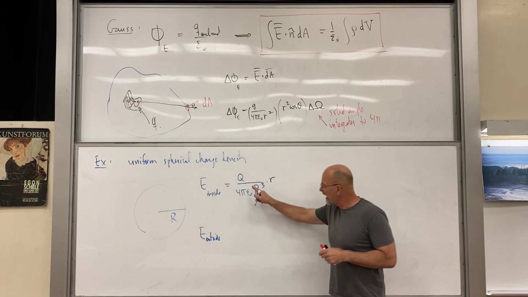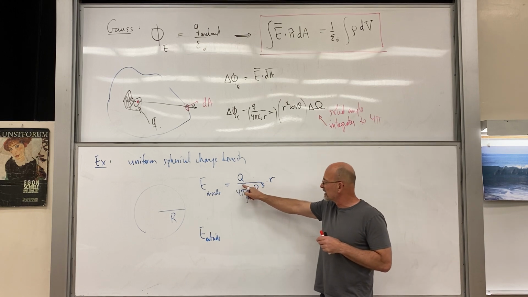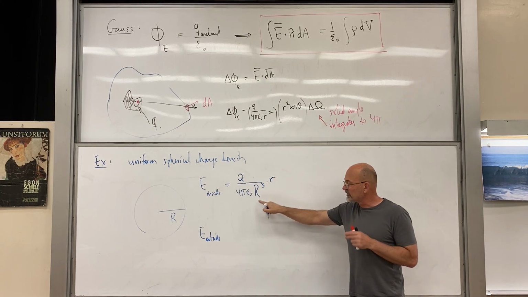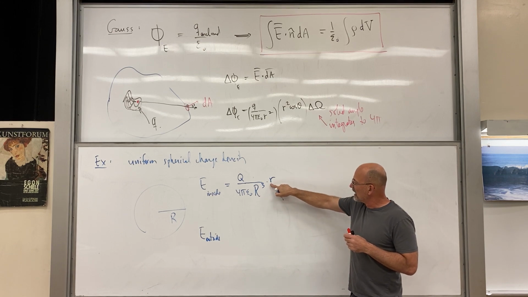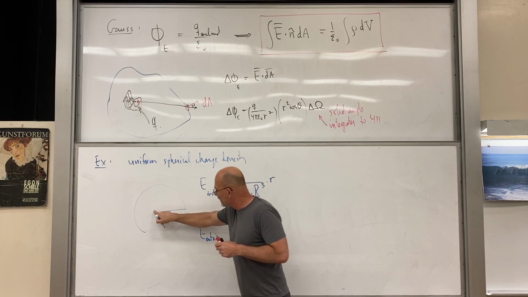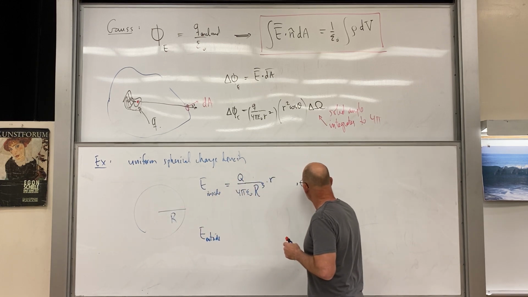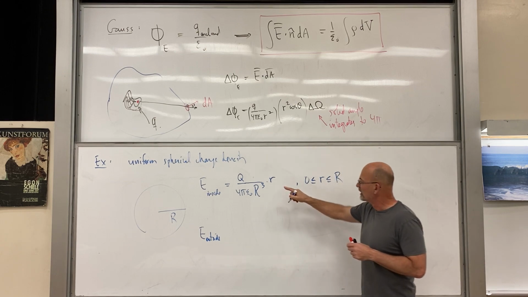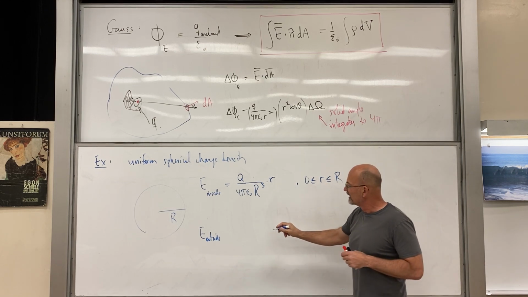And if I didn't take it to this step, I took it to the charge density step. Okay, but it's the same answer when you're inside the sphere between 0 less than or equal to r less than or equal to capital R, you have this linear formula.